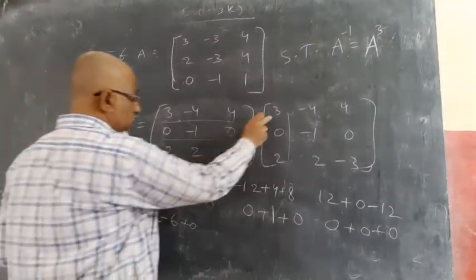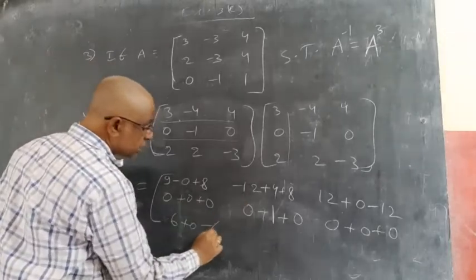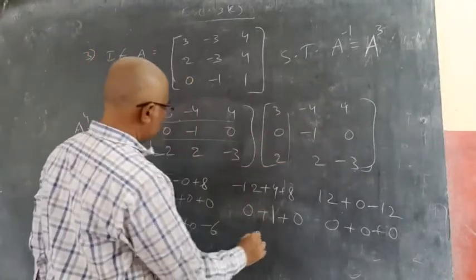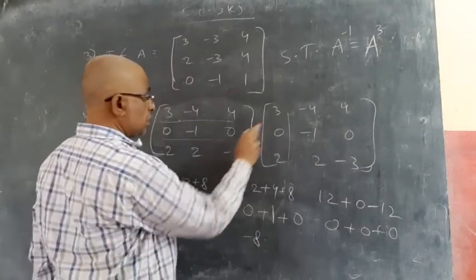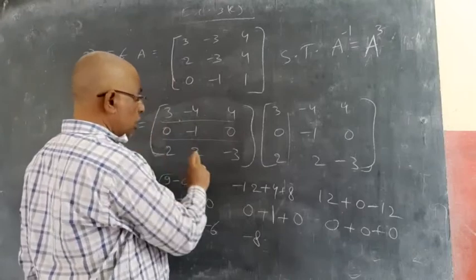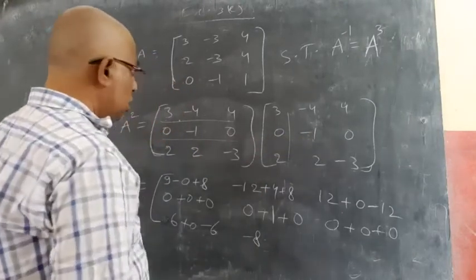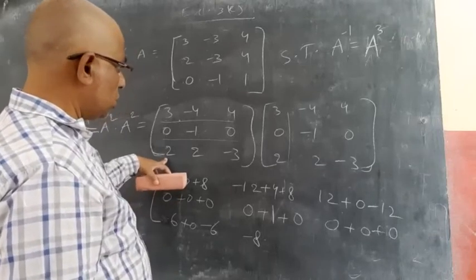This is 2 into 3 plus 6 plus 0 minus 6. Now coming to this minus 8 minus 2 minus 8, 3 2 into minus 4 minus 8.